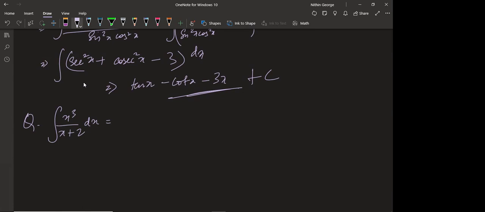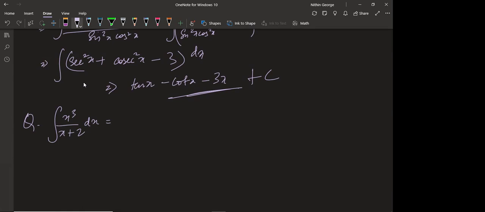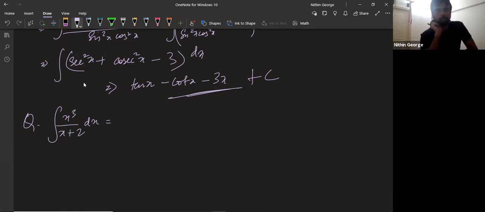It is best if the numerator is written in terms of the denominator.